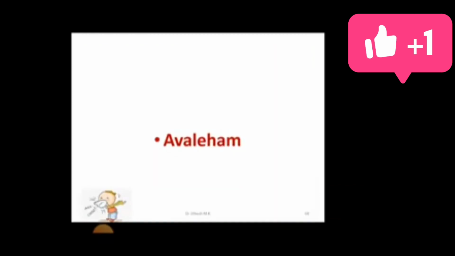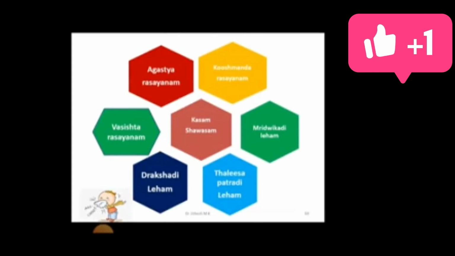Now we will see some of the avalehas as well as churnas. I think we can finish within 15 minutes. There are so many avalehas on the market: Agastya Rasayana, Kushmanda Rasayana, Mritunjayadi Leha, Talisapatradi Leha, Drakshadi Leha, then Vasishta Rasayana. These are some of the lehas with indication in Kasa and Swasa.